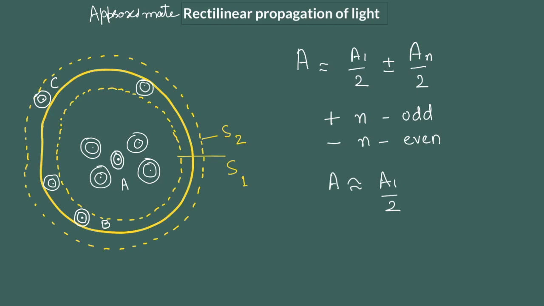So we can say that the points which are lying outside curve S1 and inside curve S2 will have approximate rectilinear propagation of light, and the points which are well inside the aperture will have rectilinear propagation of light.